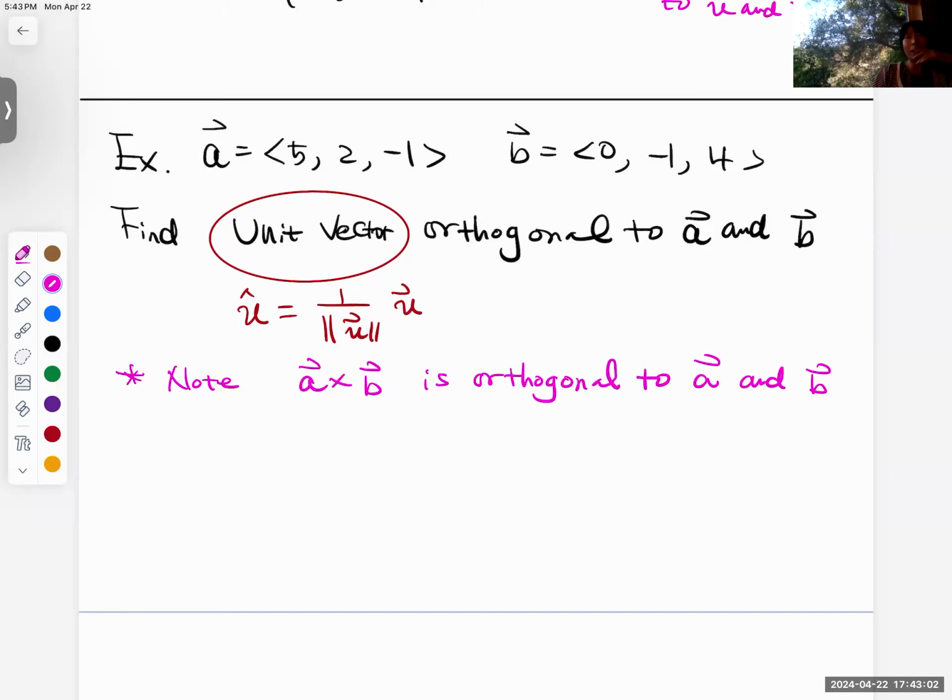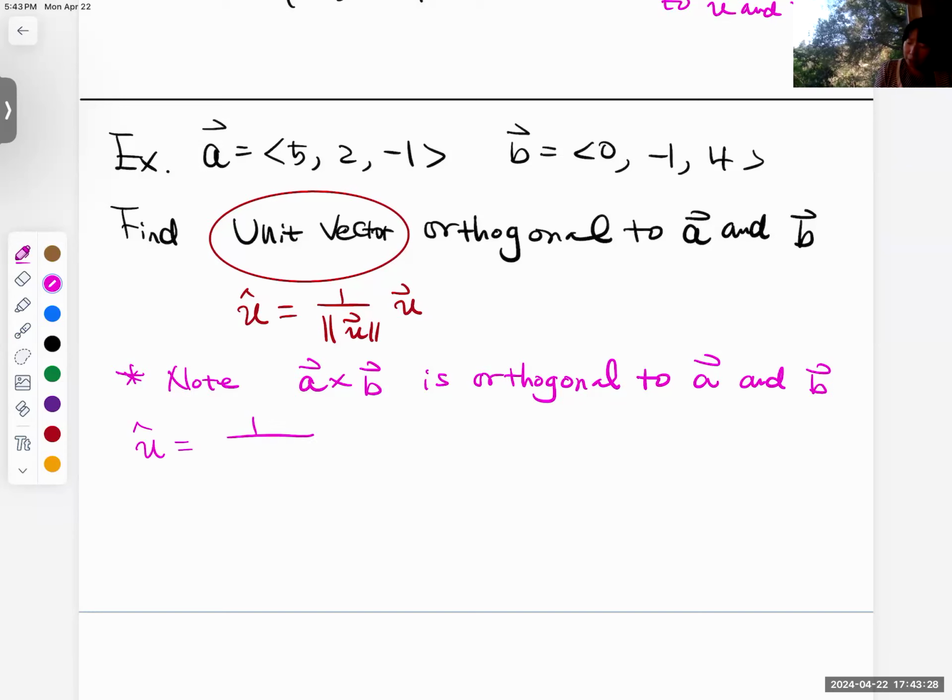Okay, now, look, we want to just replace U here with A cross B, and U here also A cross B, all right? So, you guys understand? Unit vector, very good.